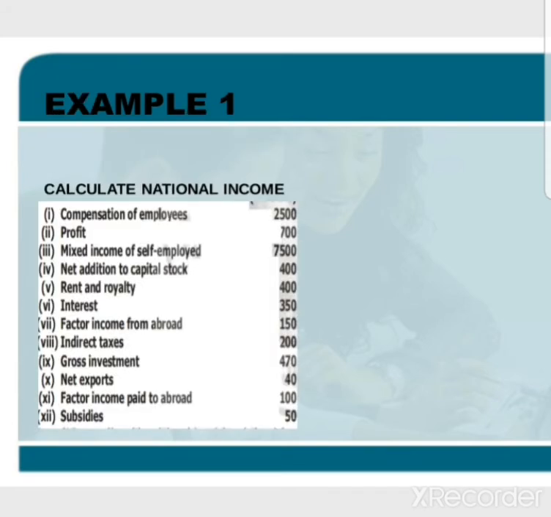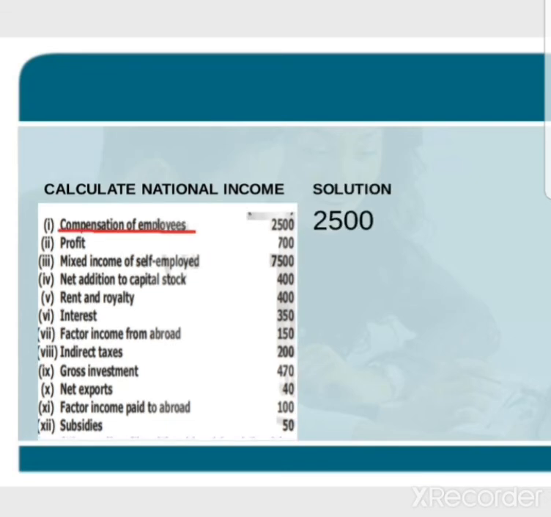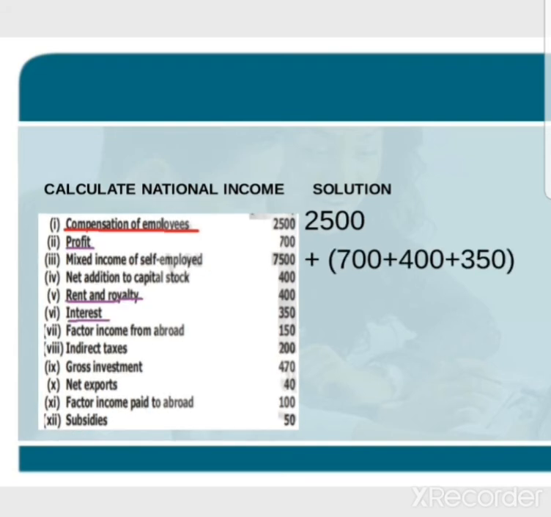Let's solve it with the help of an example. Here, different components are given to us. Now, let's see how we are going to find the national income. Before finding the national income, we first need to find the domestic income. So, let's start adding. Firstly, we will add 2500, which is compensation of employees.